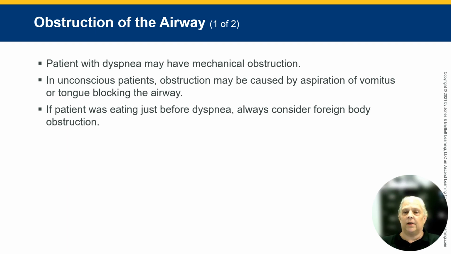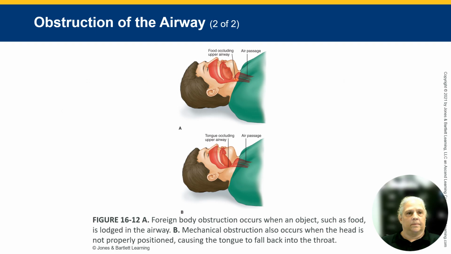If they were eating right before the onset of dyspnea, you always want to consider that it could be a foreign body obstruction, such as a piece of food. Figure 16-12 shows you the proper positioning, and it shows you how the tongue can obstruct the airway.